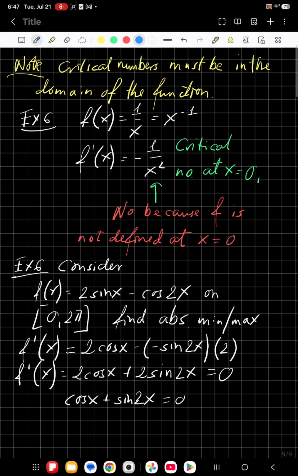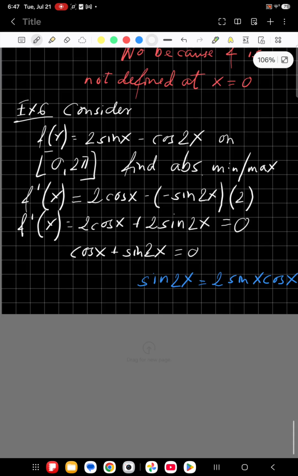So there's an identity for sine of 2x, double angle: sine of 2x is 2 sine x cosine x. Okay, so we're going to replace that second term.